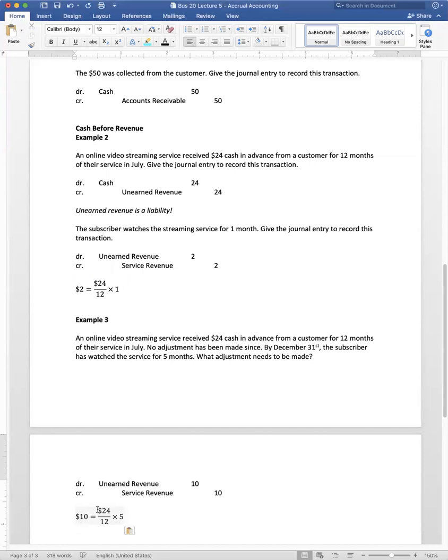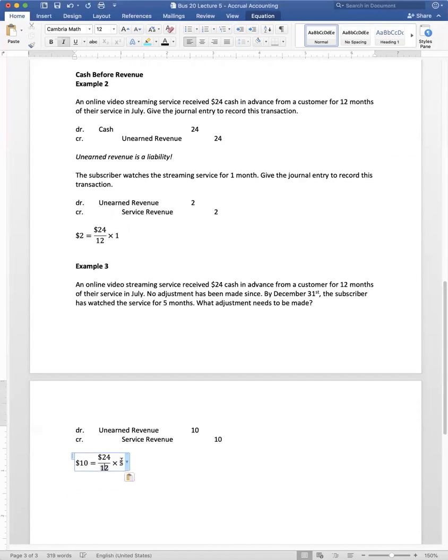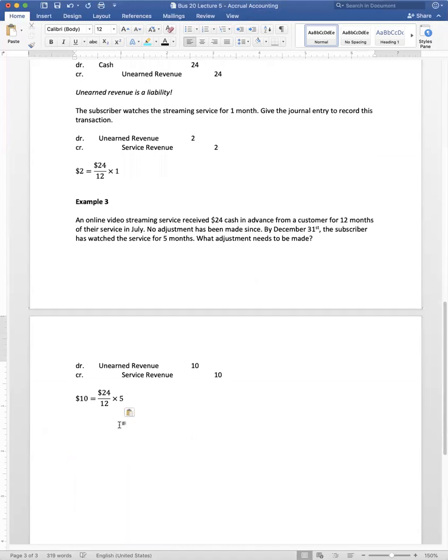It's the whole $24 payment divided by the 12 months that were prepaid. And we're multiplying by 5 because 5 months have been earned. So that's where we get our $10, and we can do the entry this way. So it's very typical that companies will do this, right? That they will get lazy about stuff and do it at the end of the year.